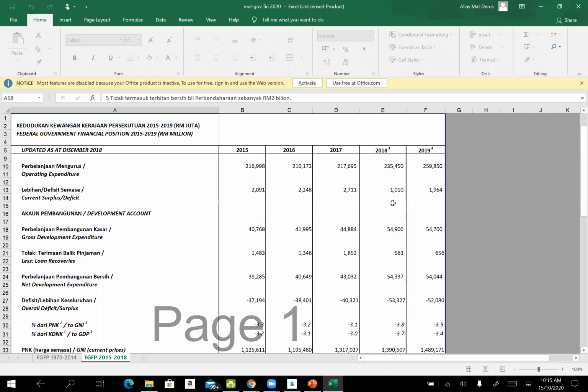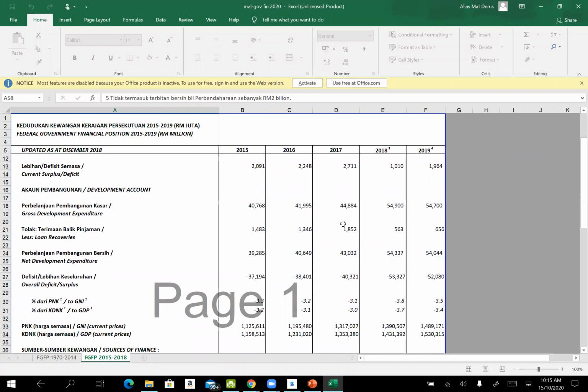Now you look at the deficit. Deficit, we just look at the number. If you look at the deficit, in 2016 it's about 3.1%, and then 3%, then 3.7%. So the deficit is also a ratio to the GDP. As you can see, our deficit is about 3.0 in 2017, because the government really wanted to bring down the deficit under Datuk Seri Najib's government.